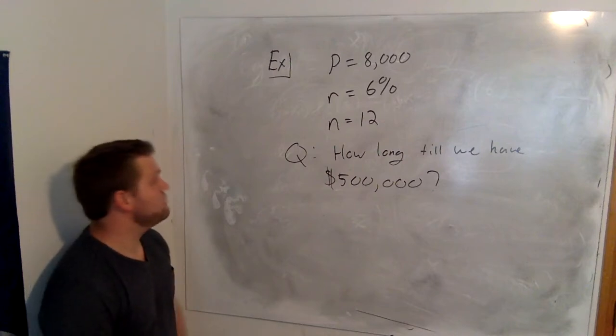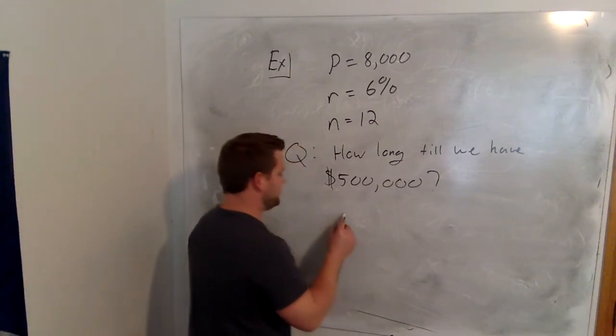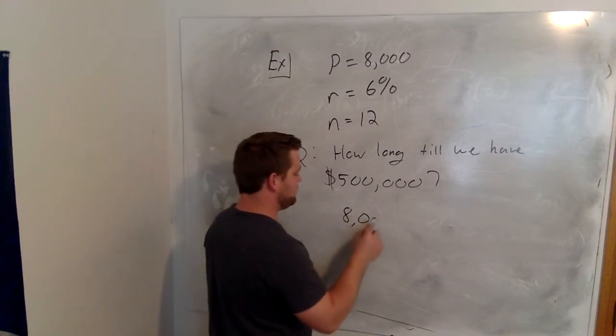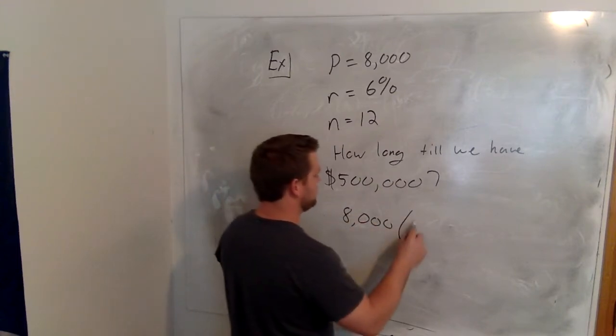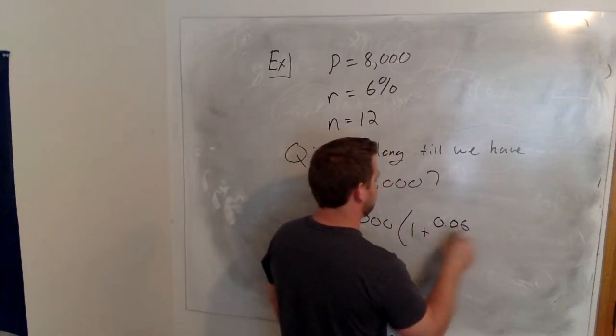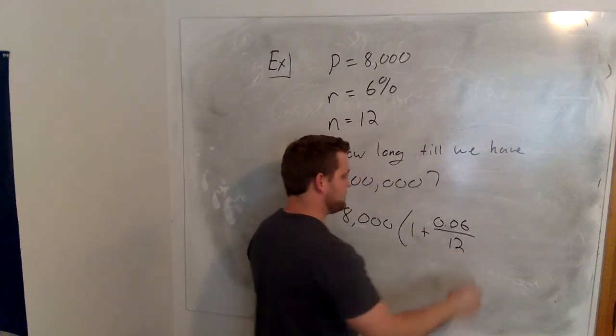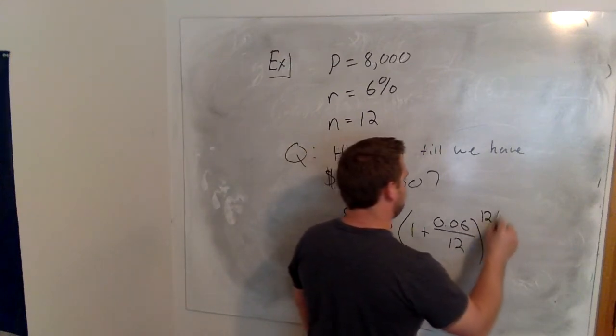Well, let's set this up. What would our bank account look like? Well, we put in 8 grand. Okay, so we'd have 1 plus our interest rate, 0.06. So a 6% interest rate, we're cutting that into 12 pieces, and we would be compounding 12 times a year.